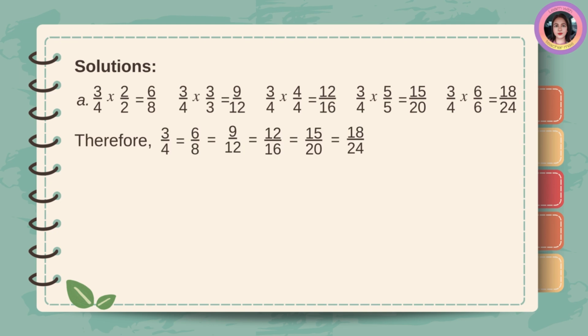Therefore, 3/4 is equal to 6/8. 6/8 is equal to 9/12. 9/12 is equal to 12/16. 12/16 is equal to 15/20. 15/20 is equal to 18/24.